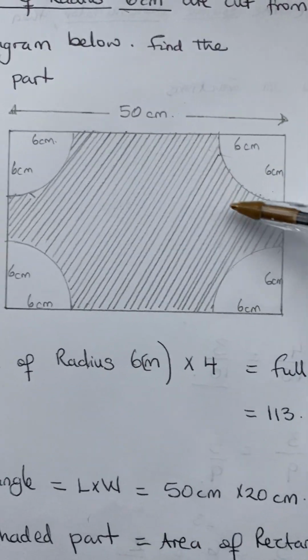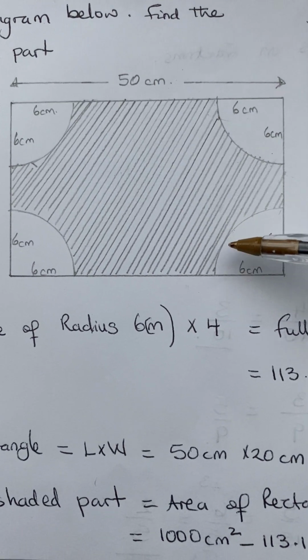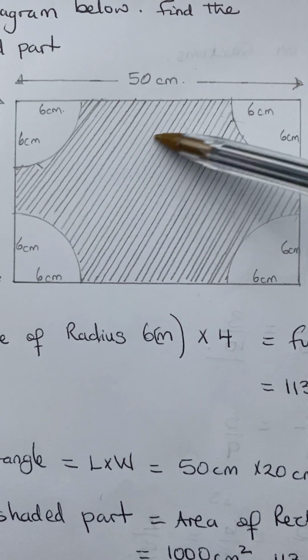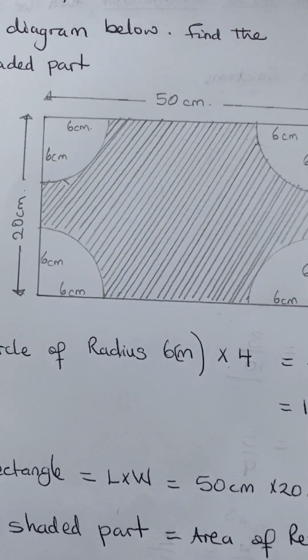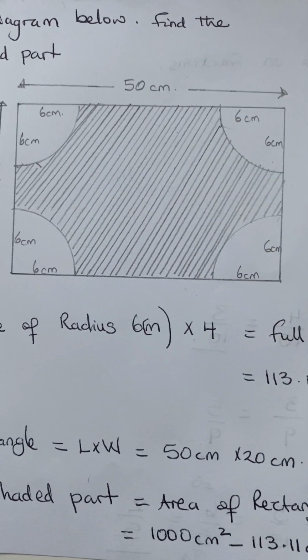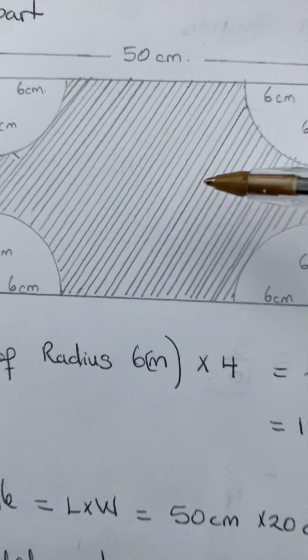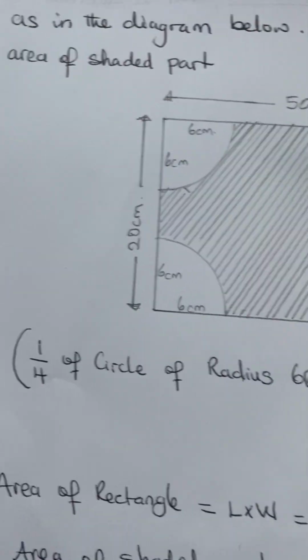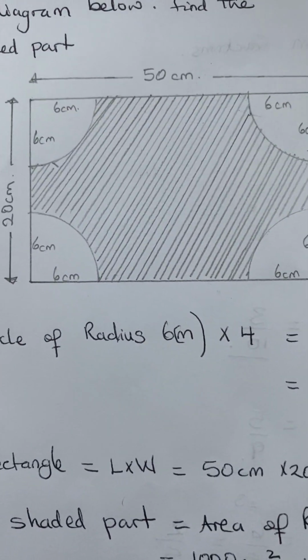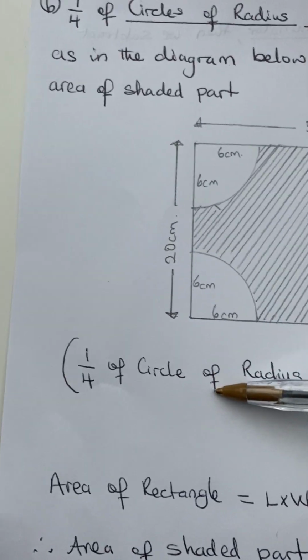If you look at the diagram, you might be tempted to think, we haven't done this, how am I going to find this area? But if you think about it carefully, linking to what you have just done in the first part, you realize that it links.